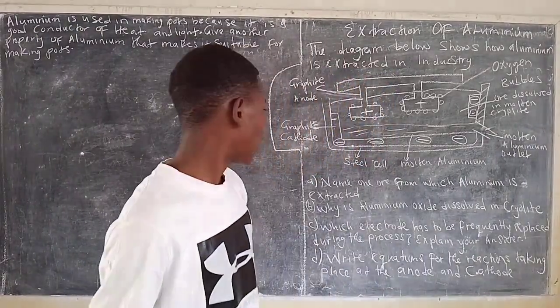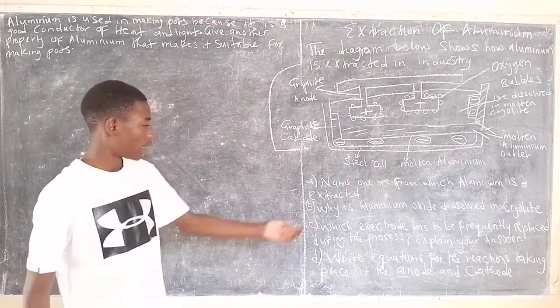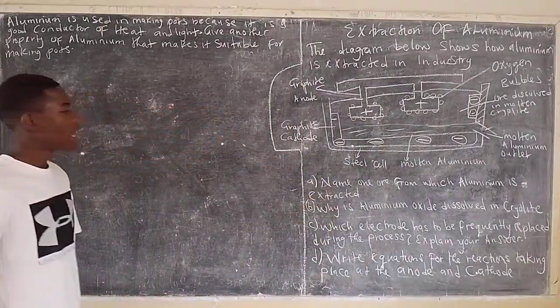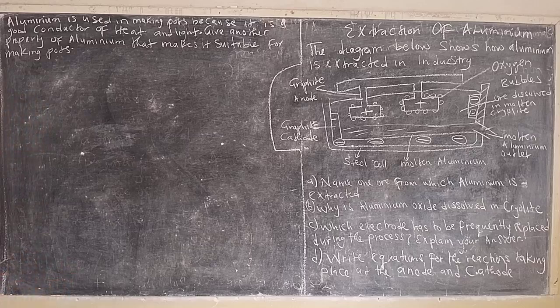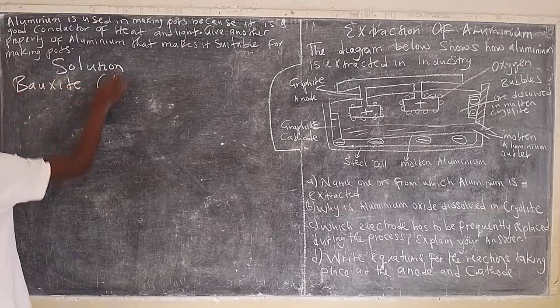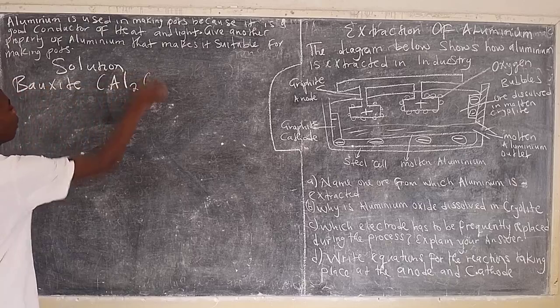Now, the first thing that we need to look at is the first question, which says: name one ore from which aluminium is extracted. The ore from which aluminium is extracted is what we call bauxite, which in chemical formula is aluminium oxide.